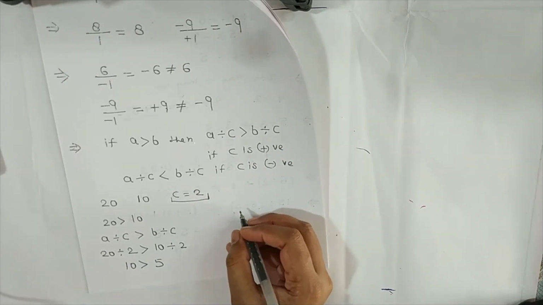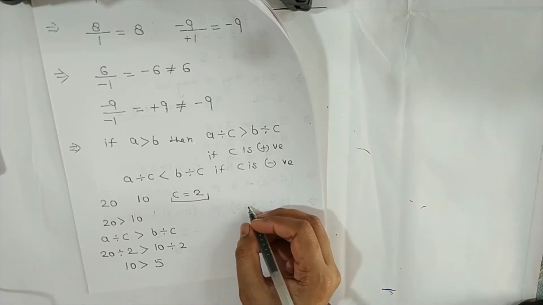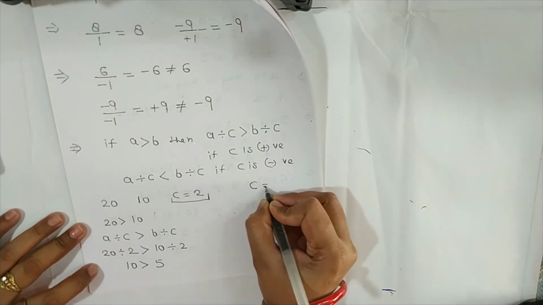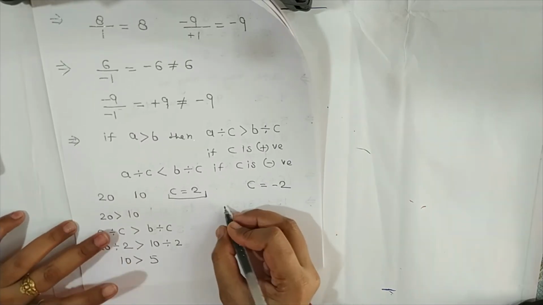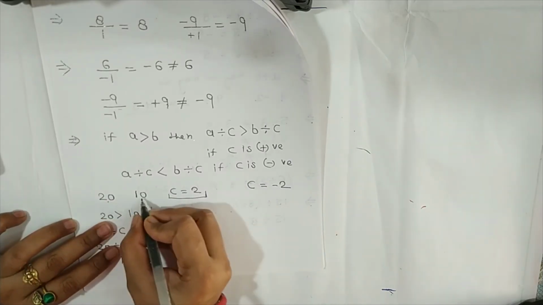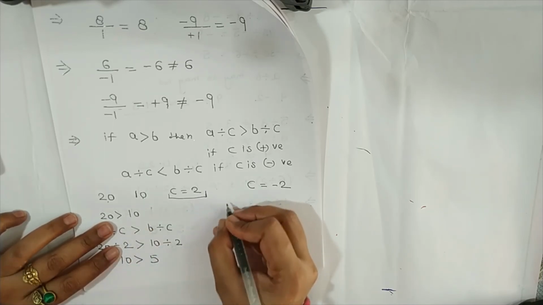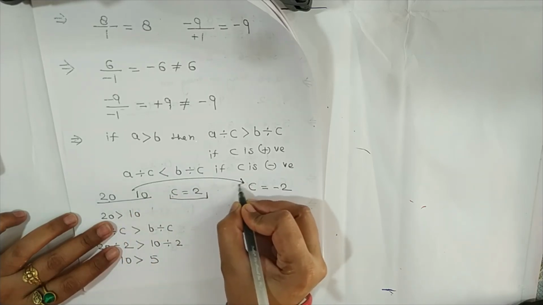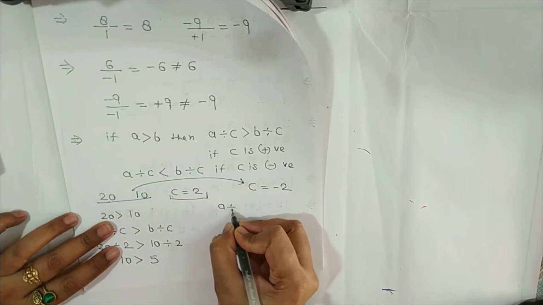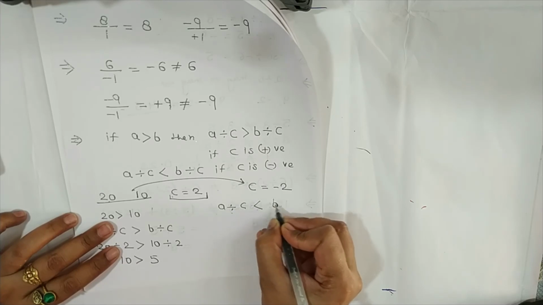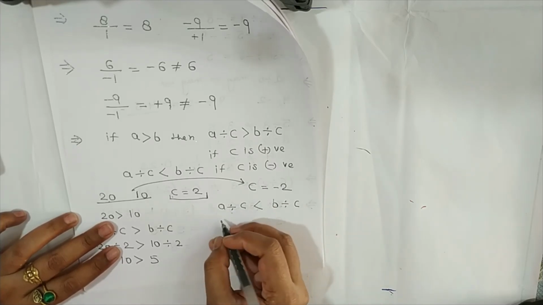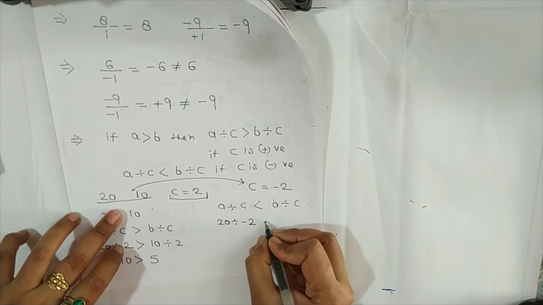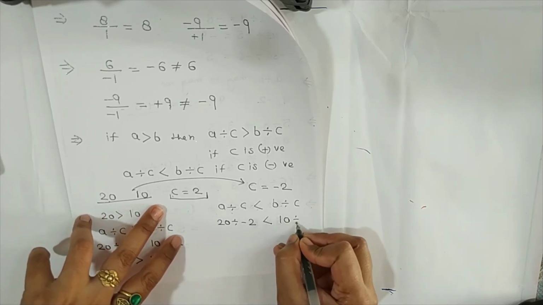Now you can see that suppose c is negative, c is equal to minus 2. So a is 20, b is 10. Here c is negative, so a divided by c is always less than b divided by c. 20 divided by minus 2 is less than 10 divided by minus 2.